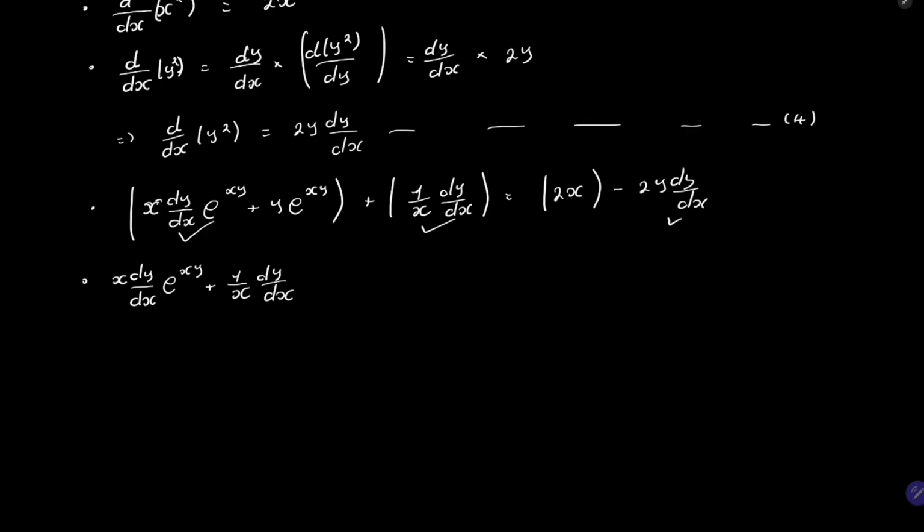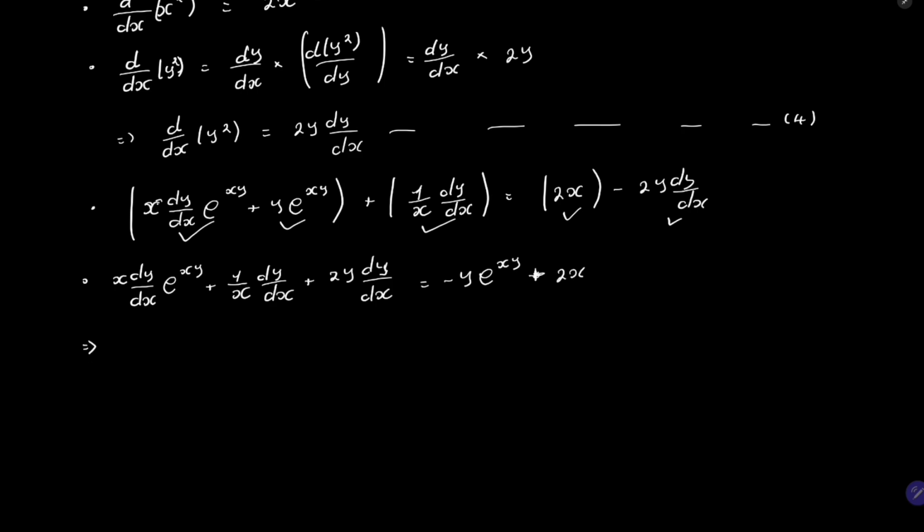Our third term, moving it to the other side, the negative becomes a positive sign, leaving us with 2y dy/dx. Our first term here is not in terms of dy/dx, so we move it to the other side, negative y e^(xy), equal to our last term, which is already on the other side, plus 2x.